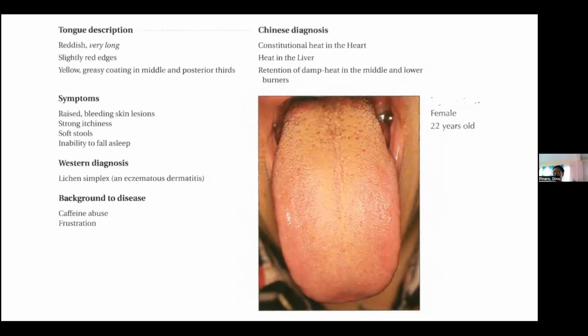Patient symptoms are raised bleeding skin lesions, strong itchiness, soft stools, inability to fall asleep. Western diagnosis, lichen simplex and eczematous dermatitis. Background to disease, caffeine abuse and prostration.